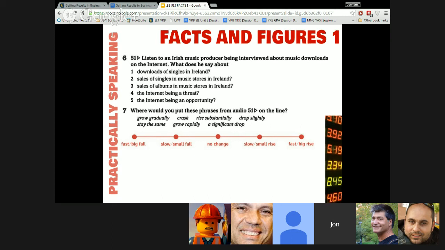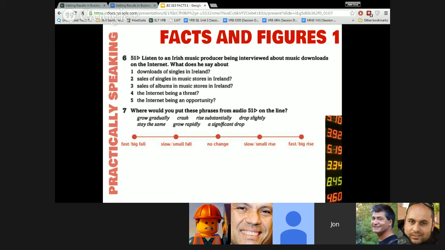Okay, and Daniel, that leaves small or slow rise. So, what's left? Rise substantially for small rise? Substantially is small? No, it's gradually. Gradually, right. Grow gradually. That's it. So just to recap, I'm going to go from left to right.